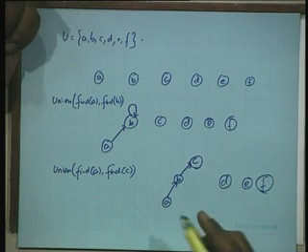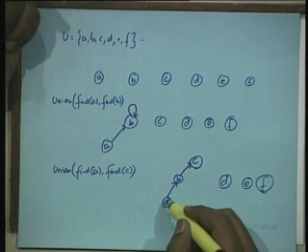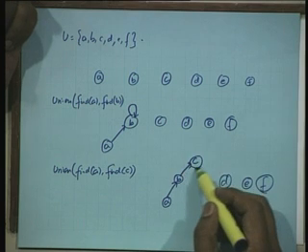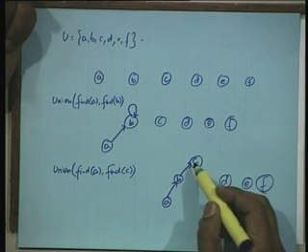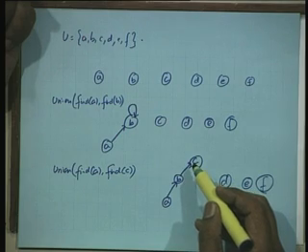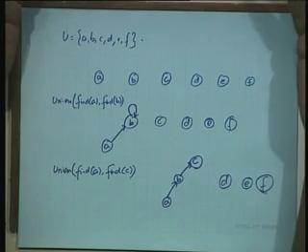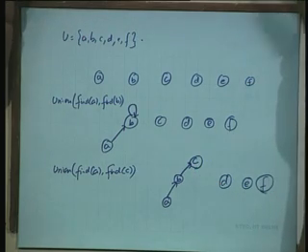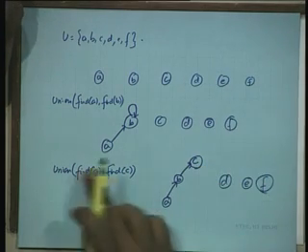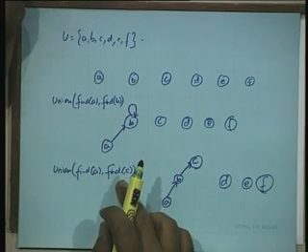Now, if I do a find A, what will be returned? A reference to C, this node. And when I do a find B, what is returned? A reference to the same node. So I can compare these two. Actually, it is best to return a reference, because then that can be used by the union operation.